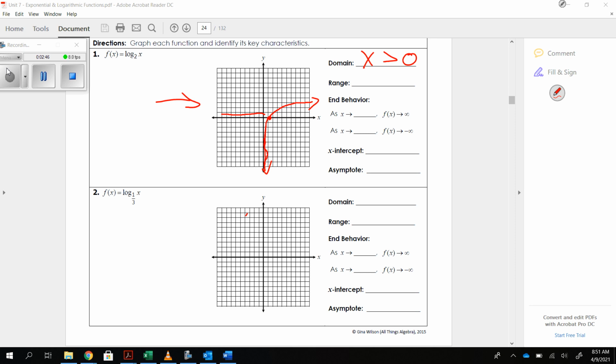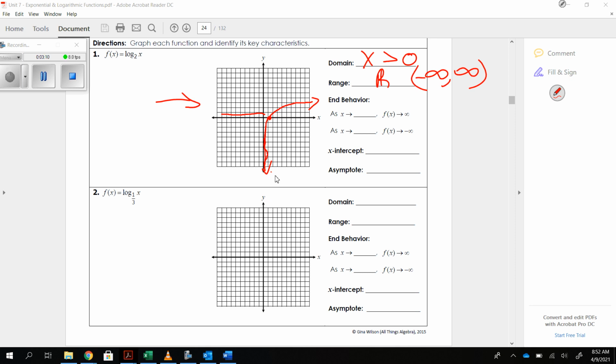But as soon as we pass 0, we get the graph. So x is greater than 0. The range is all real numbers, or negative infinity to infinity. Because we see it's going down, it's never going to stop going down, and it's going up gradually, and it's never going to stop going up.